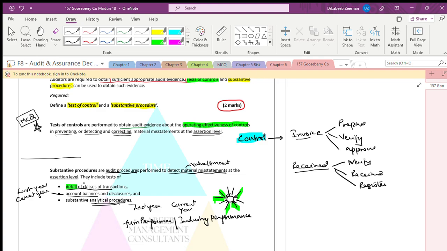This is the most important concept. Please make sure, in both cases, I am putting one star mark.